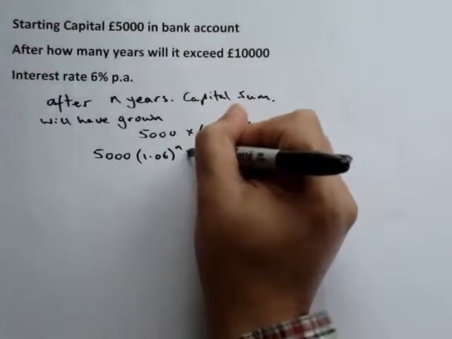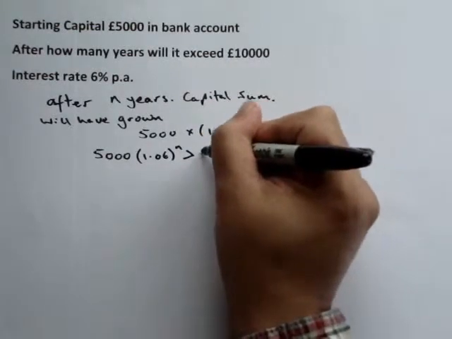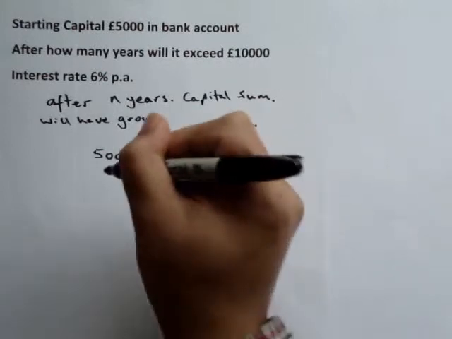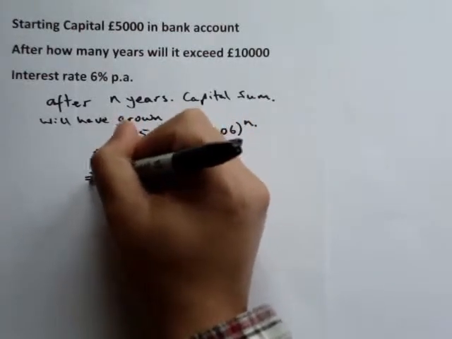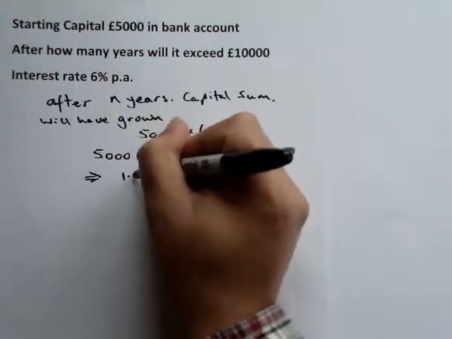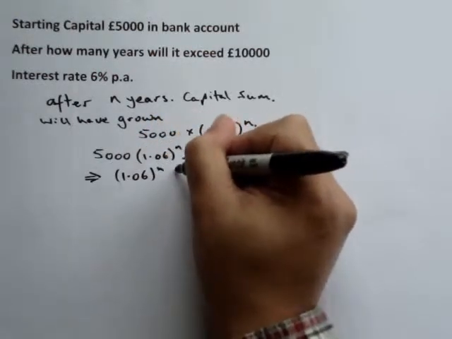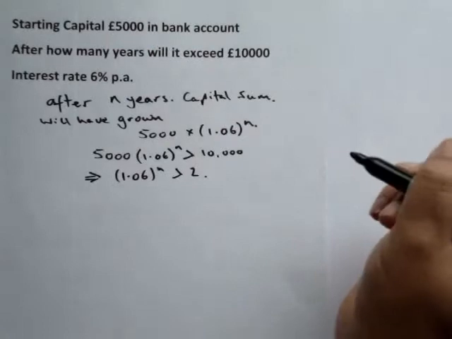So therefore 5,000 times 1.06 to the n is greater than 10,000, which implies that 1.06 to the n is greater than 2.